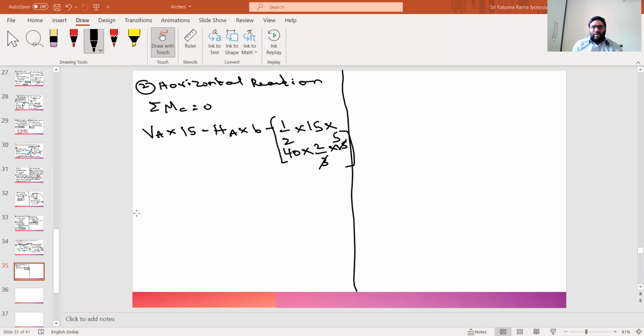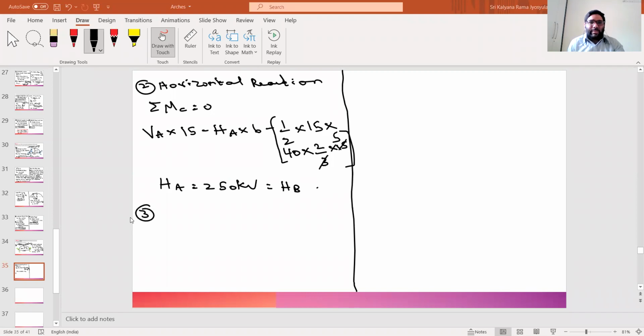So VA into 15 minus HA into 6 minus half into base 15, height 40 into centroidal distance 2/3, because we are calculating the moment at C. So from right angle 1/3, away from right angle 2/3. So from this, HA is equal to 250 kilonewton, and the same thing will hold good for HB also.